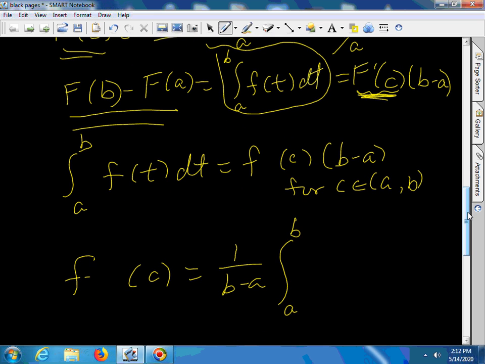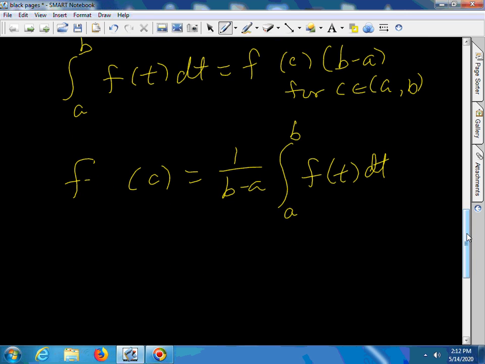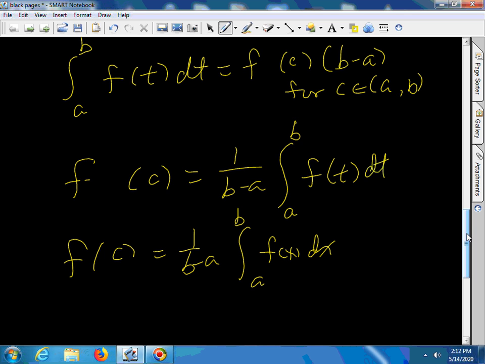And since t is a dummy variable, I can also say it's f of x dx. Now, we proved it. The proof is done. This is for c in [a, b].